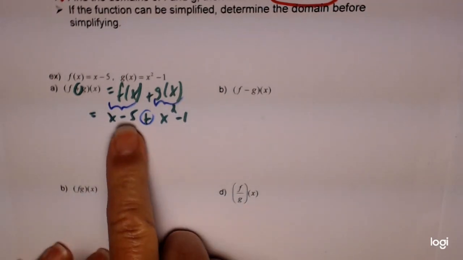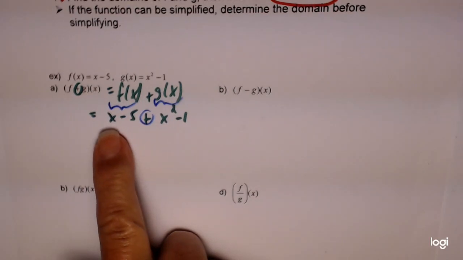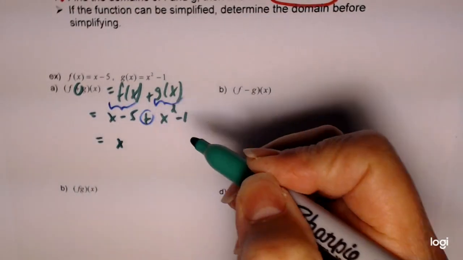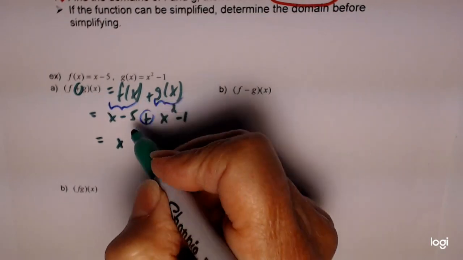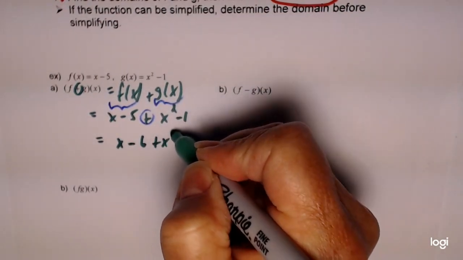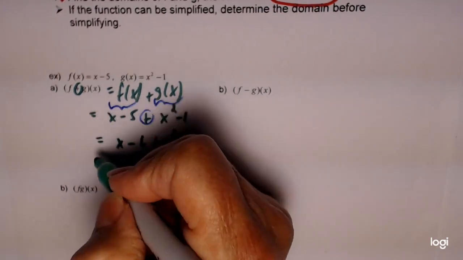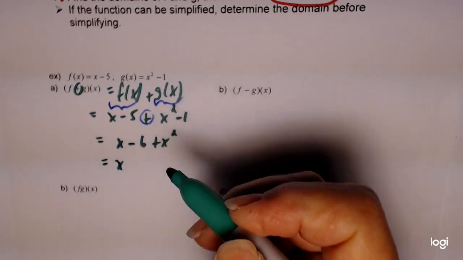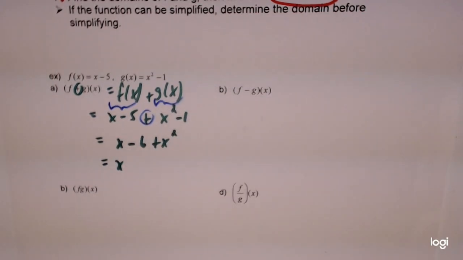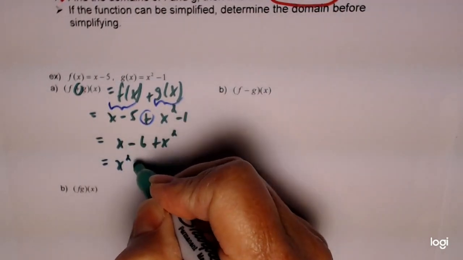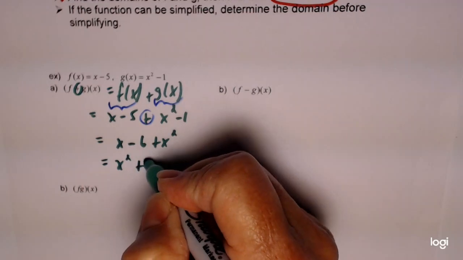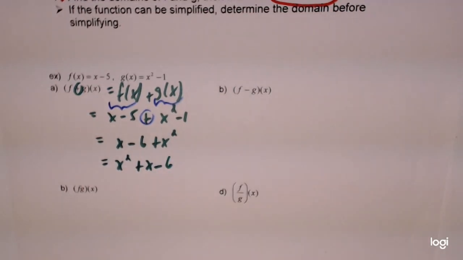So now we have x minus 5 minus 1, which is minus 6, plus x squared. That's putting them together. In math, we write things in order of the powers of the exponents, so we're going to rewrite this as x squared plus x minus 6, in descending exponent form.